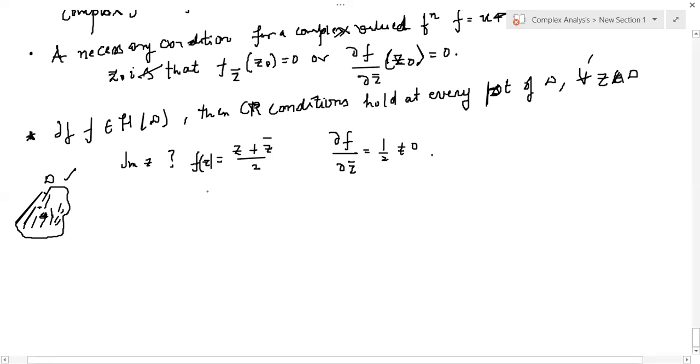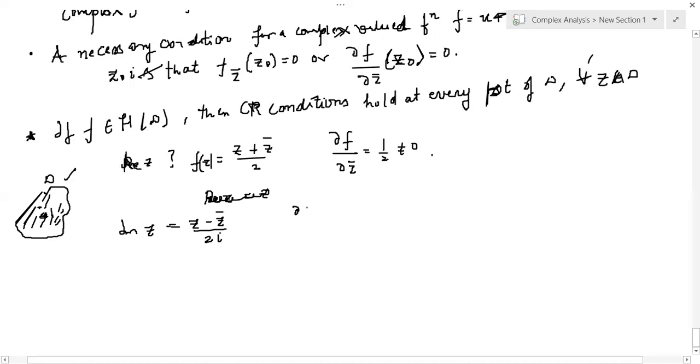Similarly, the real part of z. So what is the real part of z? If I'm writing the real part of z, it is (z plus z bar) upon 2. And the imaginary part of z is equal to (z minus z bar) divided by 2 iota.